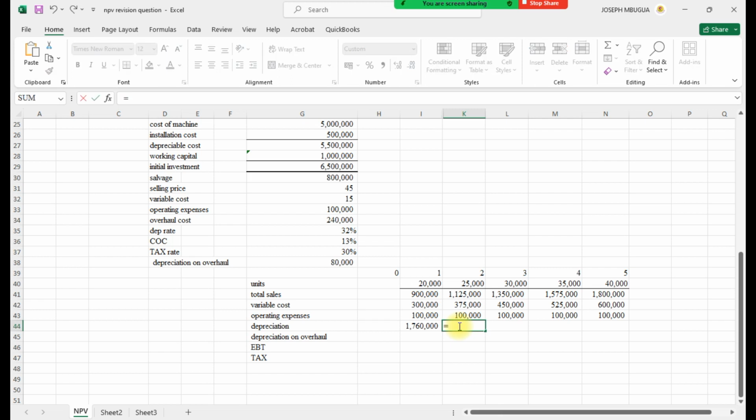But for year 2, I will use the bracket: take my depreciable cost minus accumulated for year 1, close the bracket, multiplied by the depreciation rate.